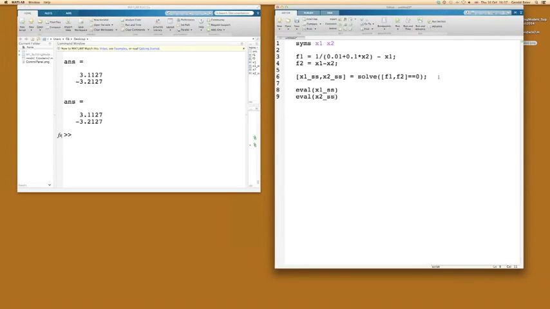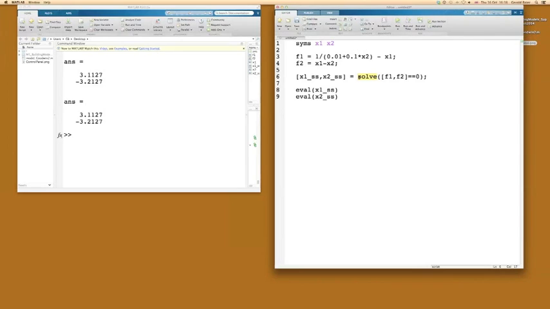Now there's something that should surprise you. Namely, we get two outputs. We don't get one number, but for each variable, for x1, we get two values, and for x2, we get two values. Why is that? Well, we can just ask, what is the function supposed to give us?